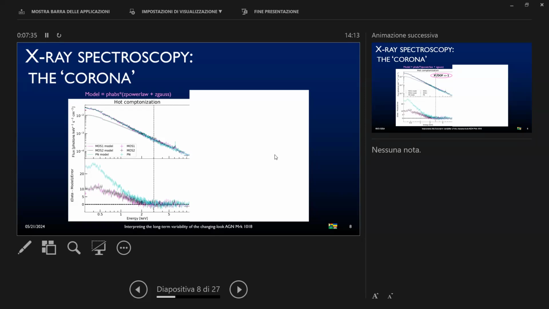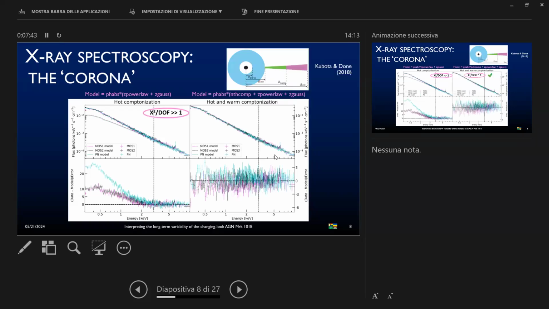And this is the first important result that we have, which differs from the literature, because we are now trying to model the X-ray emission from this source with two coronas: a hot one, which is basically around the supermassive black hole, the light blue sphere over there, and a warm corona, which is likely located in the inner part of the accretion flow, which is the green region in the top right panel.